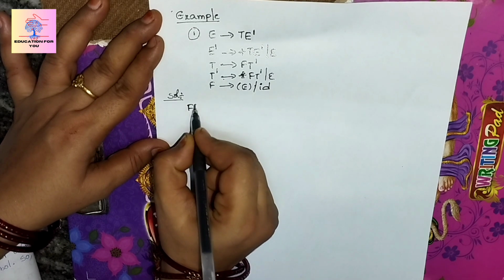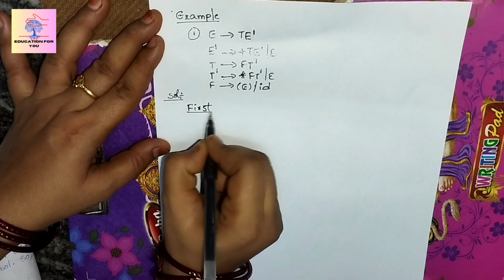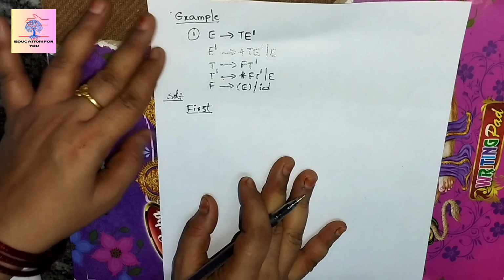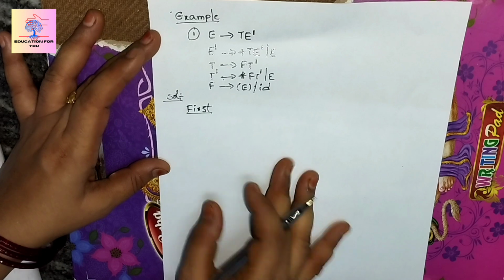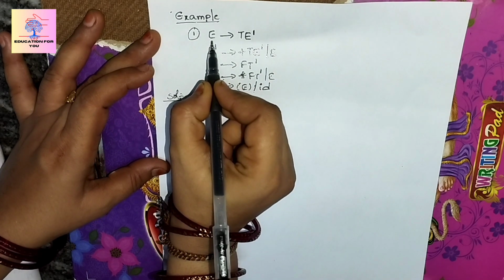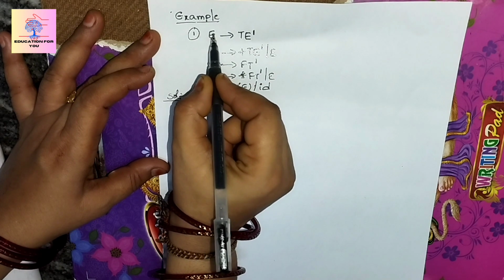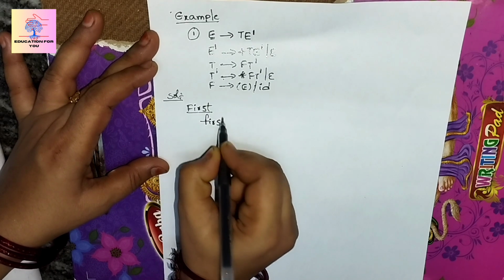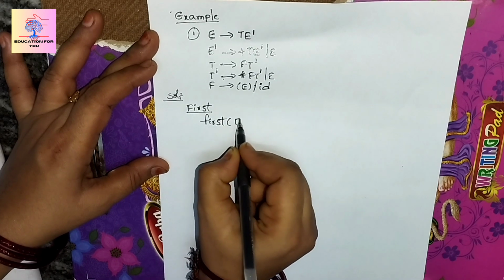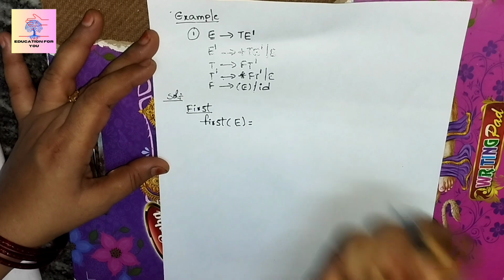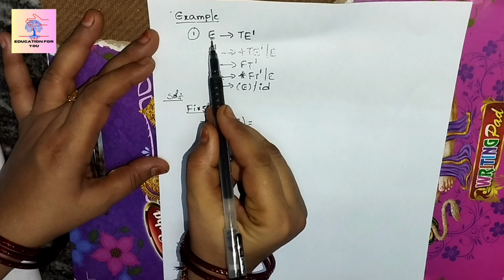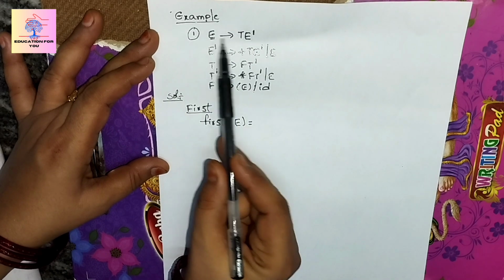First I am going to calculate first. I already said the three rules for first. So first, what is the first symbol here? E is there in the grammar, so first we have to calculate the first of E. What is the first of E here?